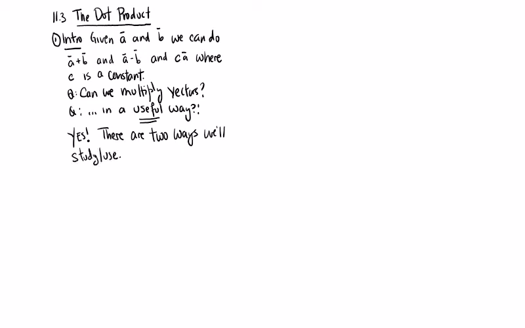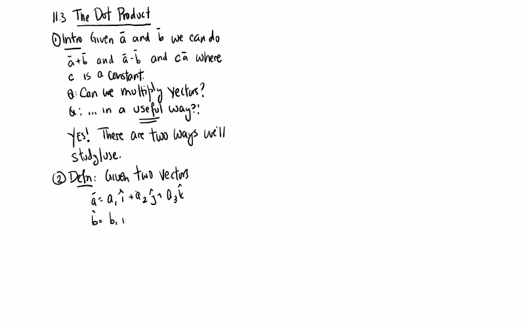The first of these is the dot product, and then 11.4 will be the cross product. So this is what we'll do. Given two vectors, say A is A1 i plus A2 j plus A3 k. Those are just the components.